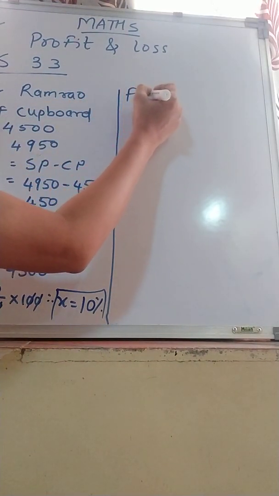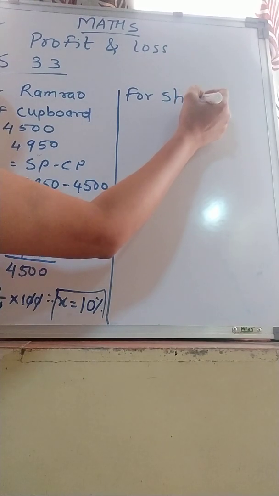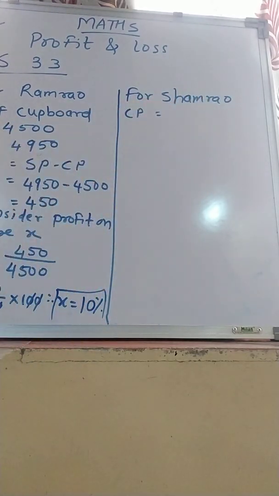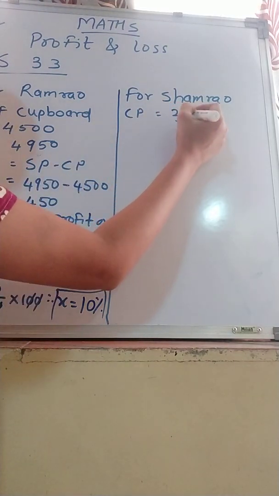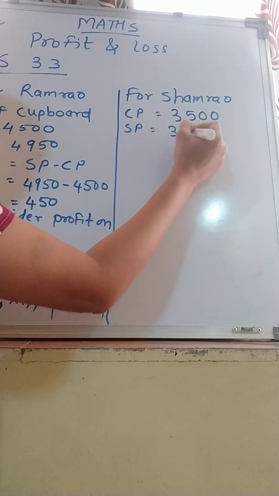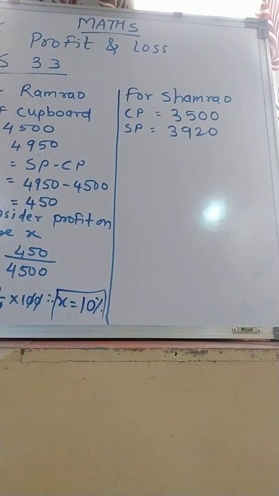Now, move to the Shamrao transaction. Now, for Shamrao, CP is equal to CP of what? Sewing machine. CP of sewing machine is 3,500 and SP is equal to 3,920.